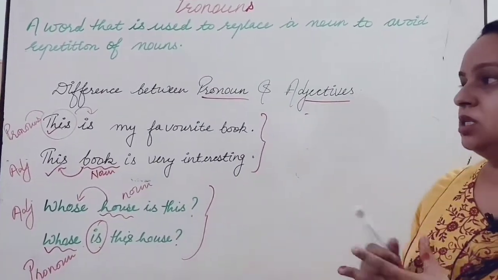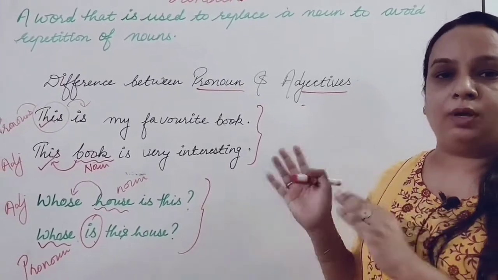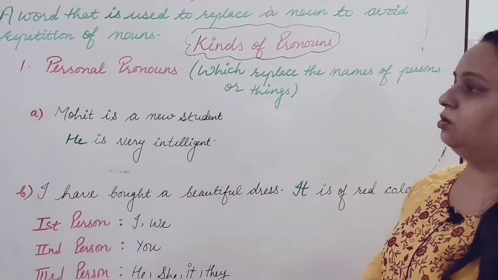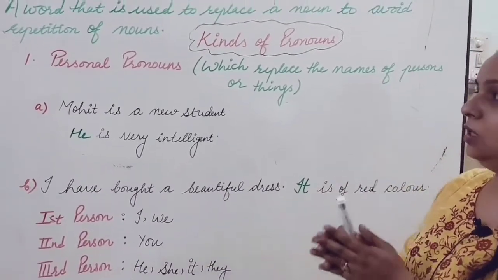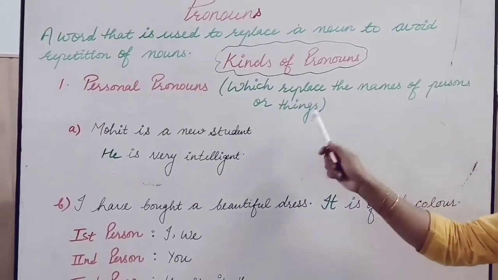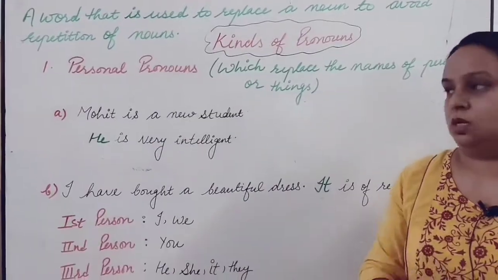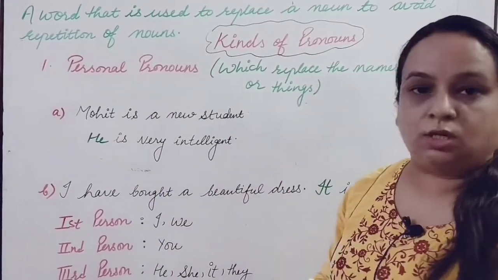Now let's discuss the first two kinds of pronouns. Let's talk about the personal pronoun first. The personal pronouns are the words which replace the names of persons or things. For example, Mohit is a new student, right?